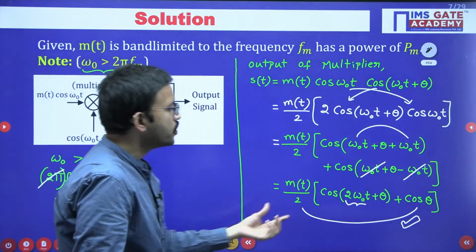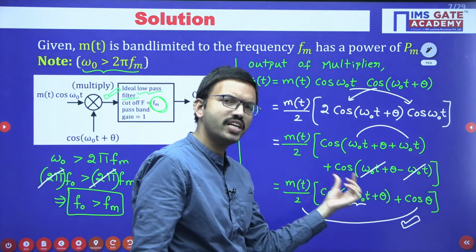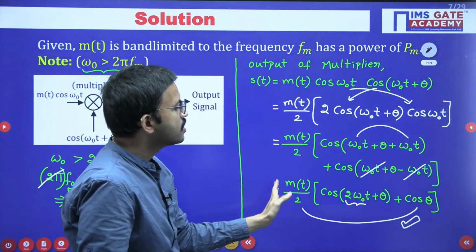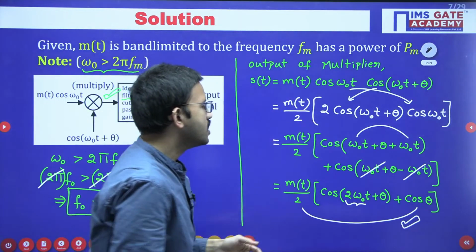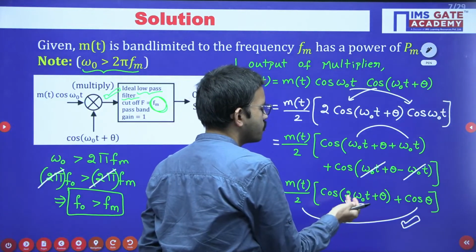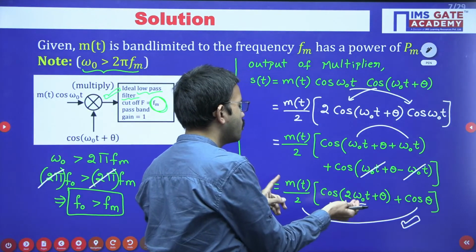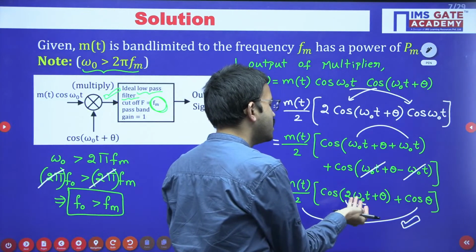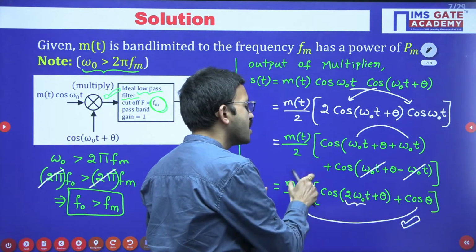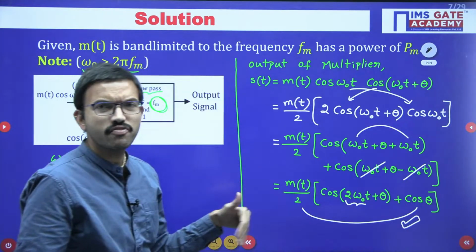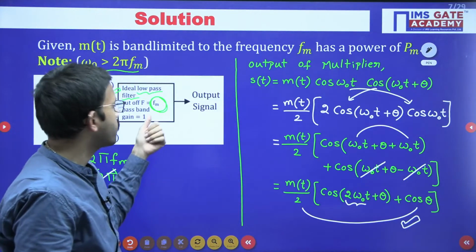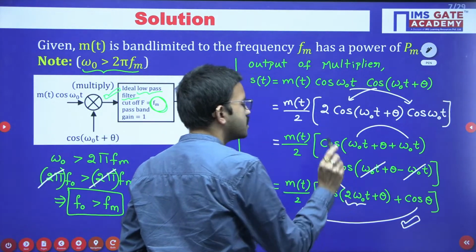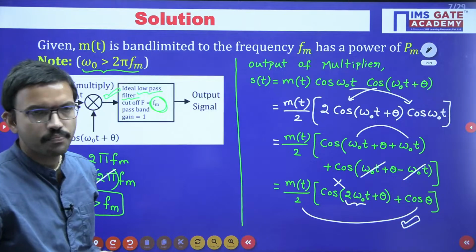So here you have 2 omega naught, which is a very high frequency, and of course here you have m of t with FM. When adding you get omega naught plus omega m, and similarly if you consider the difference, either of the two frequencies is very high compared to FM. So the first term is not passing, only the second term it is allowing.